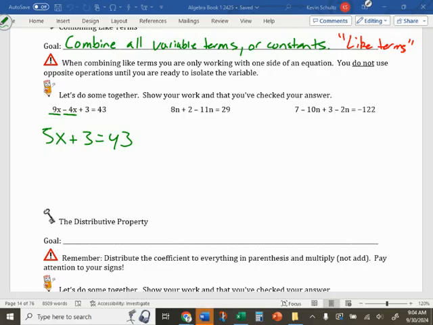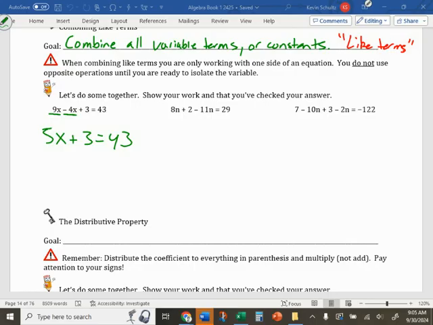Remember I said on Thursday that one of a coefficient's roles is to tell you how many of the variable you have. We have 9 x's, take away 4, now we have 5. And what we've done is we've given ourselves a two-step equation. This should be your comfort zone.